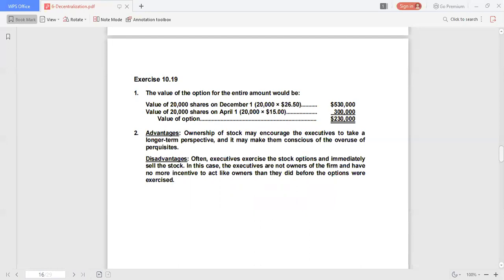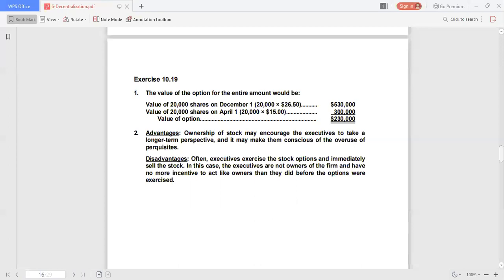Accordingly, on April 1, Format approved a stock option plan whereby each of the four executives of the new companies would purchase up to 20,000 shares at 15. The option will expire in 5 years. If Format rises to 26.50 per share, what's the value of the option to each executive?